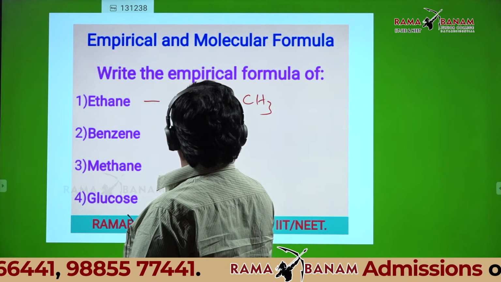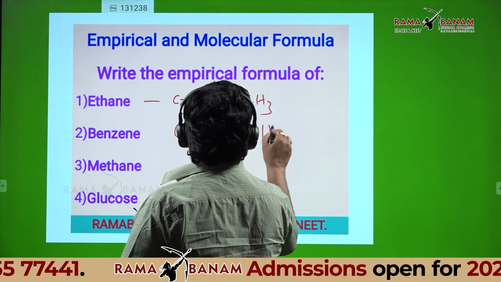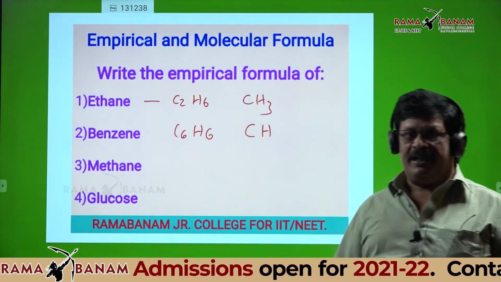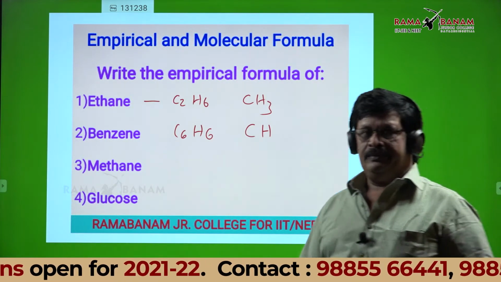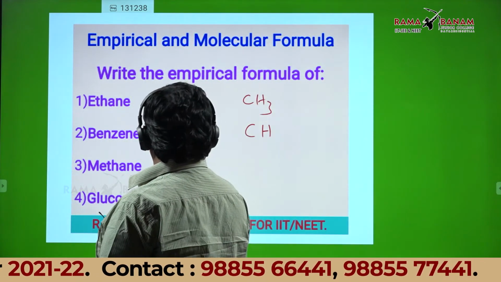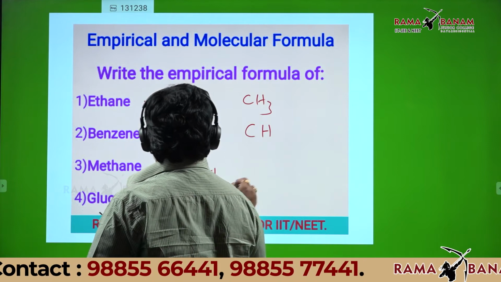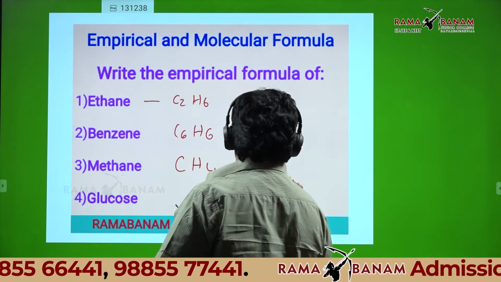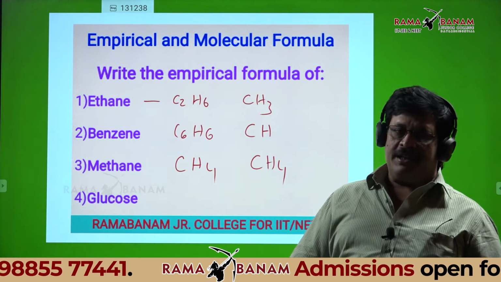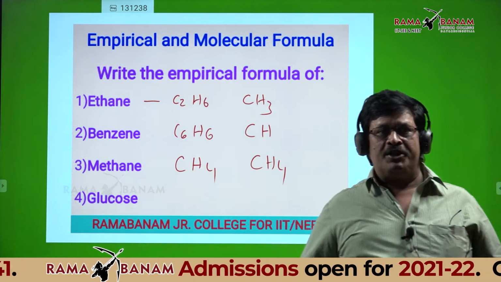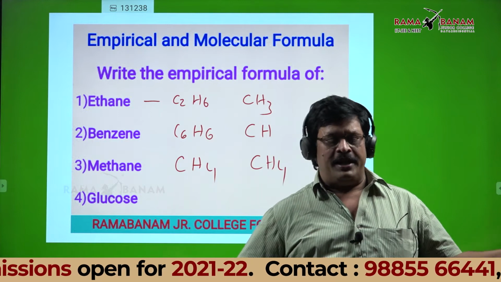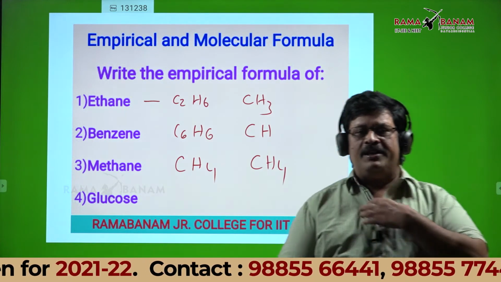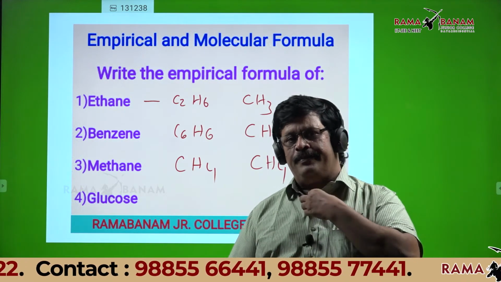Benzene molecular formula is C6H6. So the empirical formula is CH. Methane molecular formula is CH4. The empirical formula is the same, because the simple ratio is the same as the actual ratio of atoms. In such cases, the empirical formula is equal to the molecular formula.